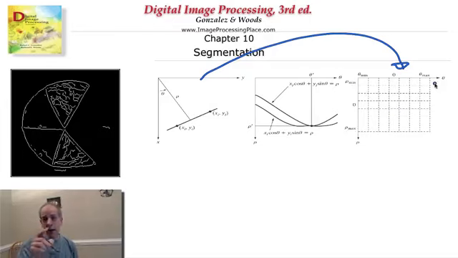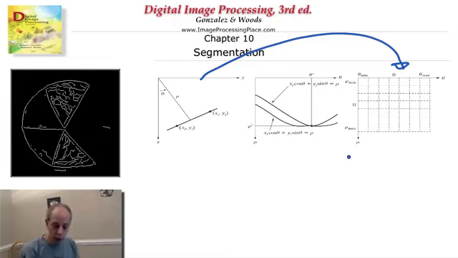So theta can be anything around the circle, and we discretize as fine as our memory or our computational time allow us. Let's say we can discretize every 1 degree. We do the same for rho. We know that rho cannot go farther than the size of the image, so it's bounded. And then we discretize it.